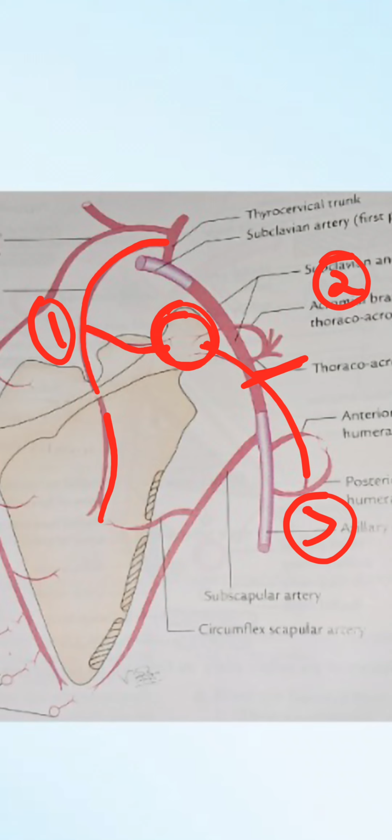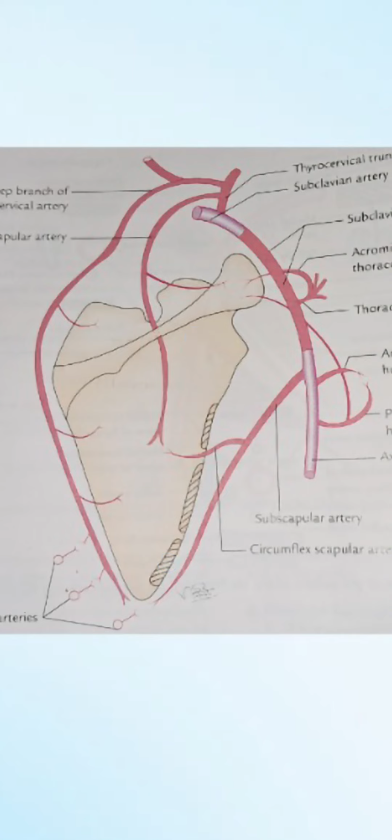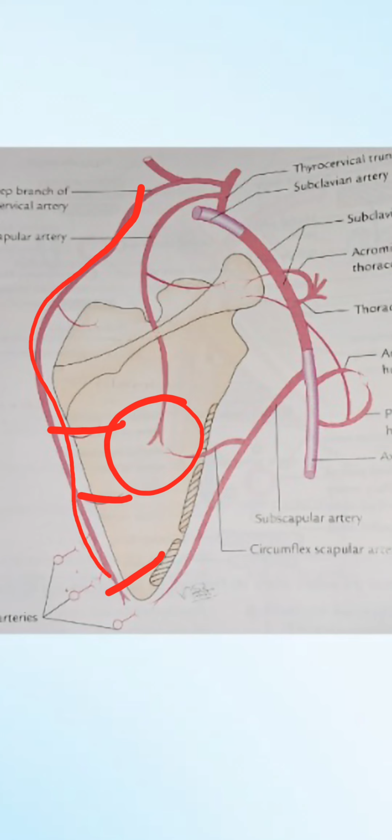Now we are going to see about the anastomosis around the body of the scapula. So in the body, branches arise from the transverse cervical artery, which is a branch of the thoracocervical trunk in the subclavian artery.